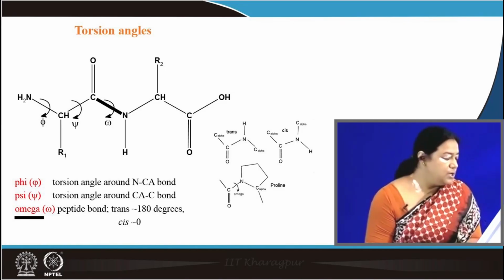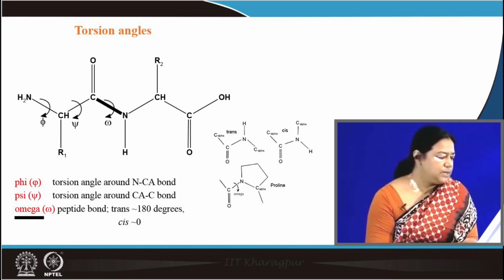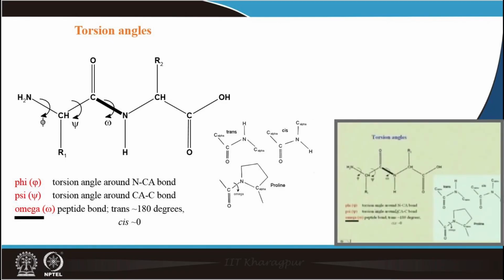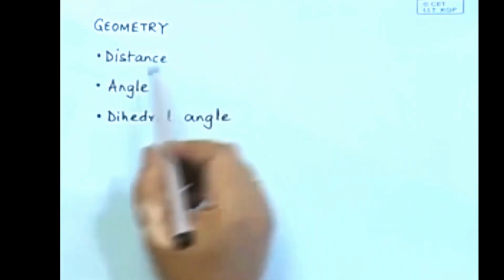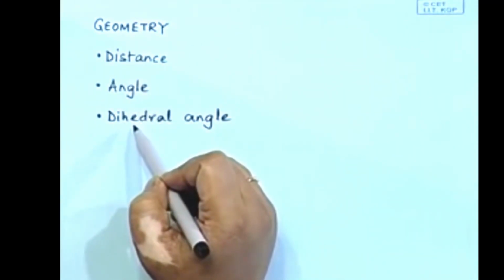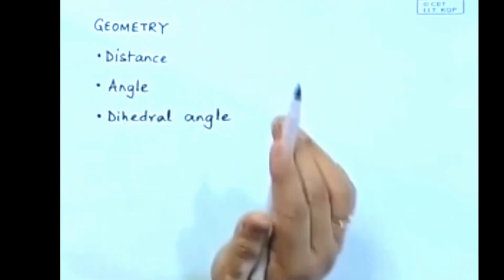Okay? So now there are different definitions for the torsion angles, but before I get into explaining to you what the torsion angles or dihedral angles are, I am going to explain some geometry to you. So we will go to our page here, and what I am going to show you is the geometry of any compound.